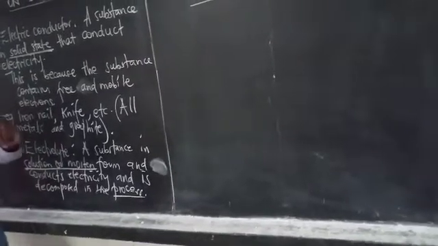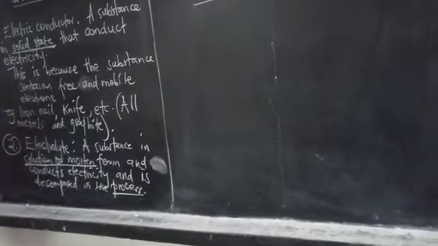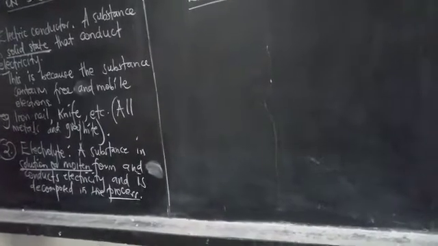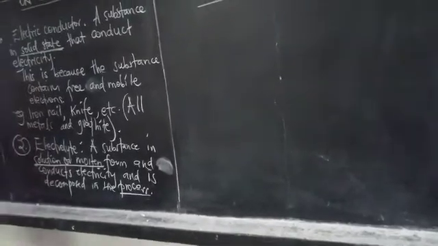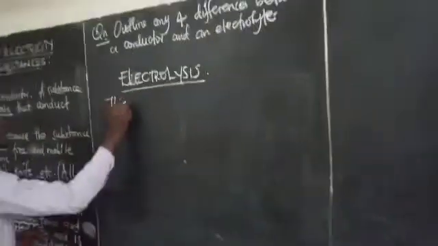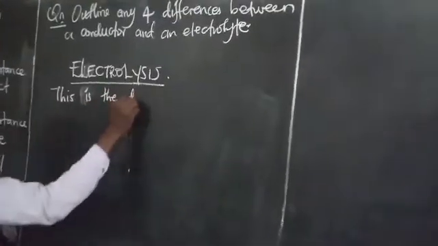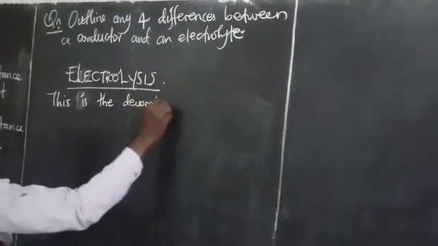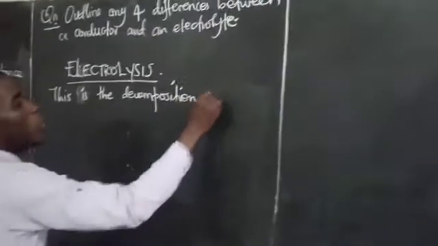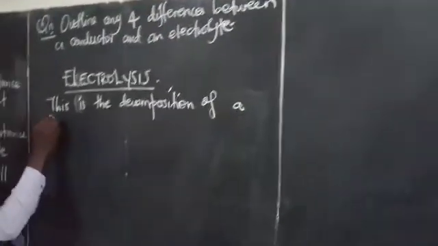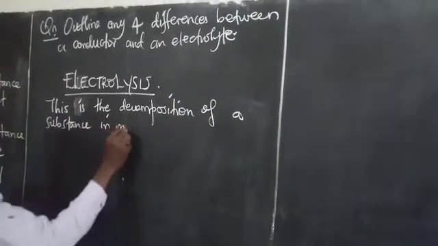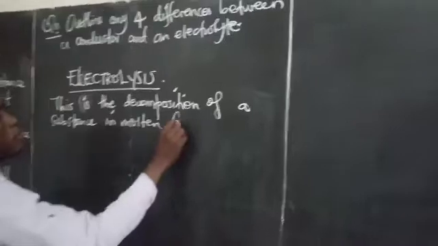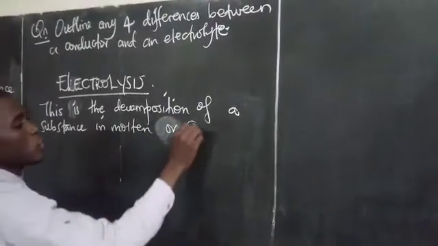Some are strong and others are weak. But all of them, whenever they conduct electricity, get decomposed. So this is the decomposition of a substance in molten or solution form.